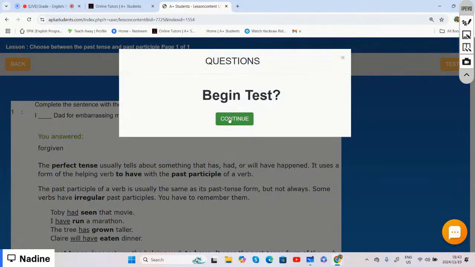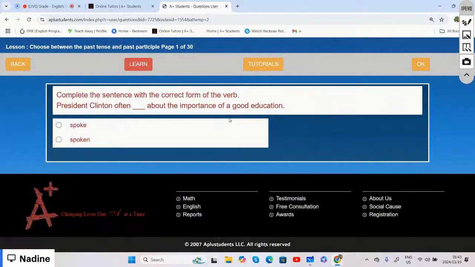All right, now let's go to our test where we need to choose between the past tense and the past participle. Remember, we said that the past tense has no helping verb, whereas the past participle has the helping verb either has, had, or will have.